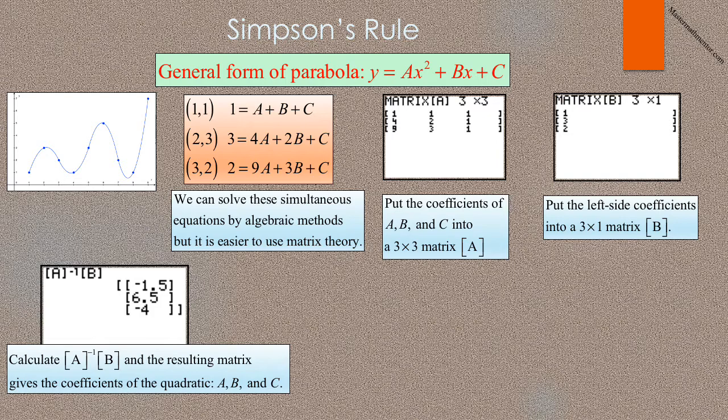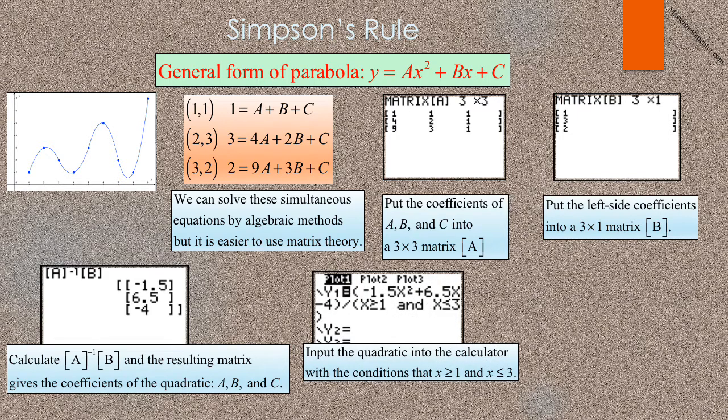So we will calculate A inverse B on the calculator, and the resulting matrix gives the coefficients of the quadratic, a, b, and c. We get negative 1.5 as a, 6.5 as b, and negative 4 as c.